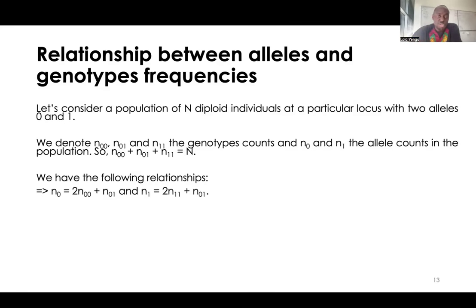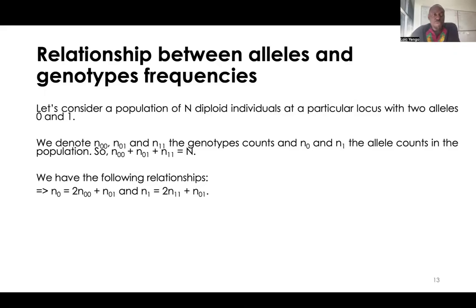If you're interested in n_0, the total number of 0 alleles in the sample, you recognize that individuals with the 0,0 genotype have two copies of that 0 allele. So how many are they contributing? They are contributing two of those alleles. Whereas people with the 0,1 genotype are only contributing one copy of the 0 allele and, symmetrically, one copy of the 1 allele.